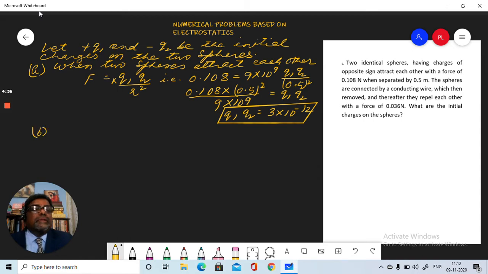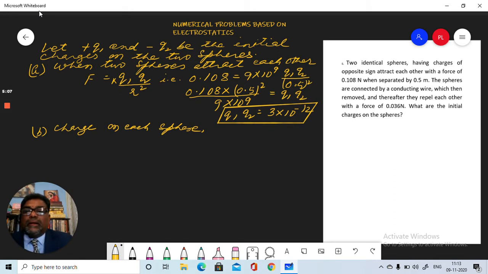In B case, it says that the spheres are connected by a conducting wire which is then removed, and thereafter they repel each other with a force of 0.036 Newton. Similarly, charge on each sphere is how much? Charge on each sphere will be given as, and they share the charge.